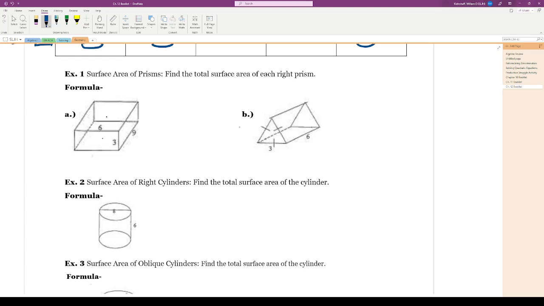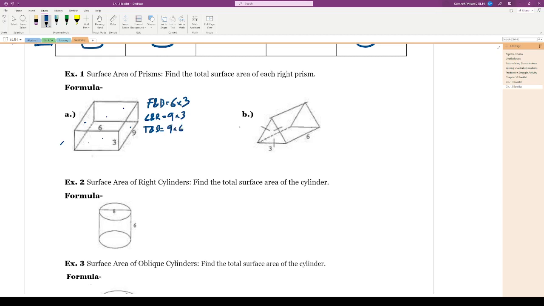So I have a top and bottom, left and right, front and back, and all of those come in pairs. So my front and back, I'm going to abbreviate front and back, my areas are 6 times 3. My left and right are going to be 9 times 3. And my top and bottom are going to be 9 times 6.